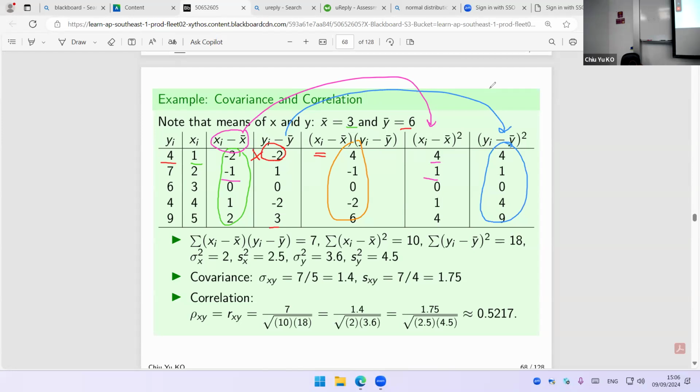Now, the first bullet point is asking you to add up everything, which is 7. Why? 4, -1 is 3, -2 is 1, 1 plus 6 is 7. That's how you get that.